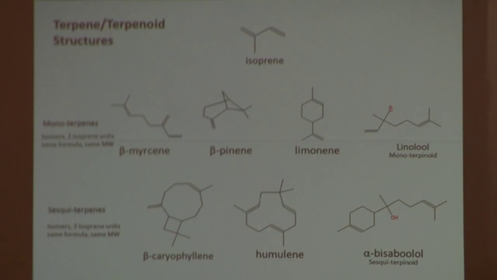If you put two of these isoprene units together, we get what we call the monoterpenes. The monoterpenes might be in a straight chain, they might be cyclic, they might have a hydroxyl on them, in which case it would be a terpenoid. These are some of the common monoterpenes in cannabis.